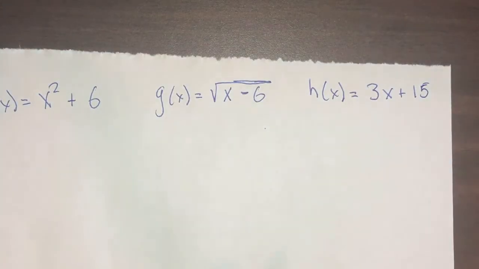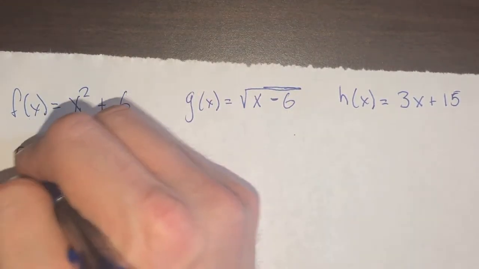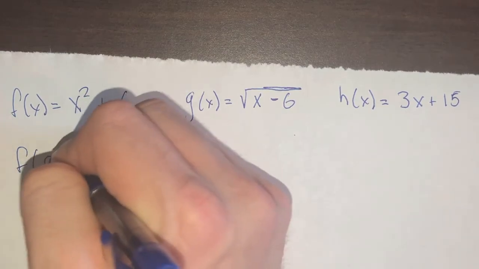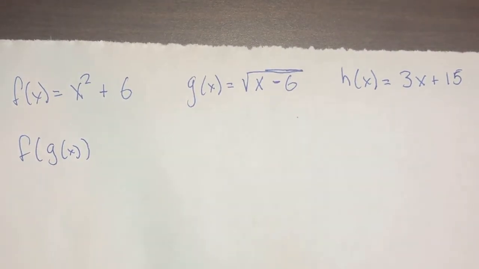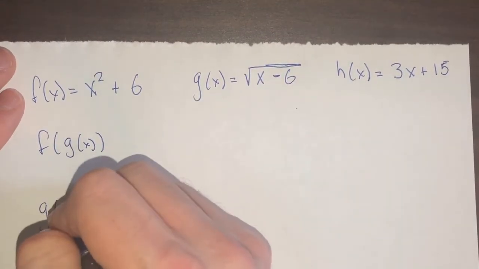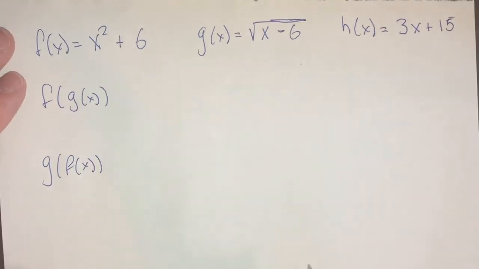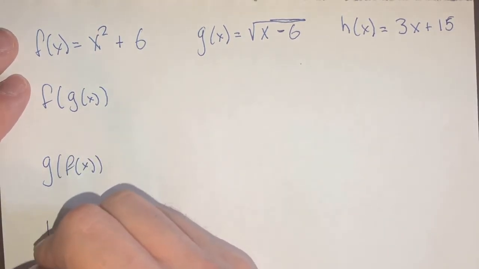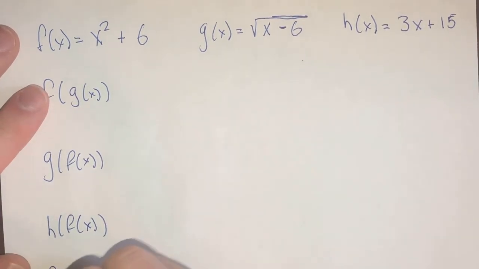Here's what I'm going to ask you to do. I want you to find a couple things. I want you to find f of g of x. I want you to find g of f of x. And then I want you to find h of f of x, and then f of h of x.